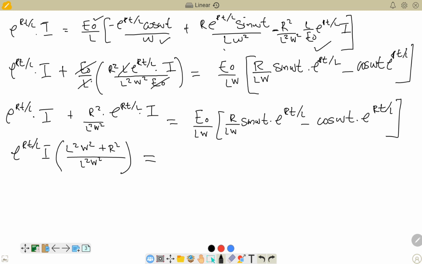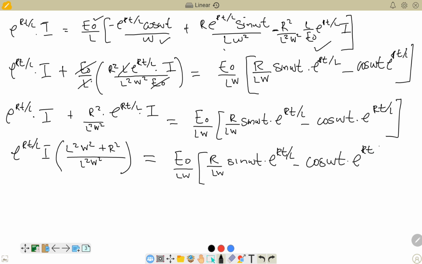I just factored out e to the power RT over L. Then we'll have E naught over L WT plus, into, LW sine WT times e to the power RT over L minus cos WT times e to the power RT over L.